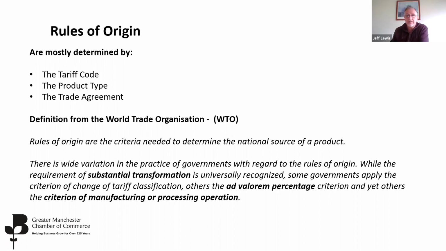They state, that's the statement from the World Trade Organization, that the basis of the rules of origin are required to prove there has been a certain amount of processing or work done on non-originating materials.